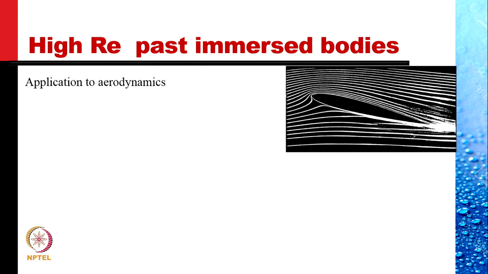This Euler equation is applied extensively in aerodynamics, flow about aerofoils, about wing-like bodies, which are called streamlined bodies. The flow about these bodies can be calculated using the Euler equation.